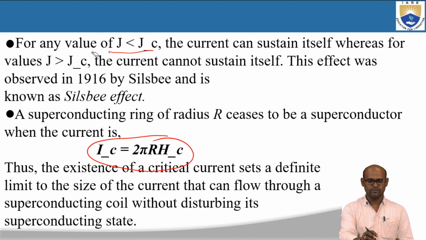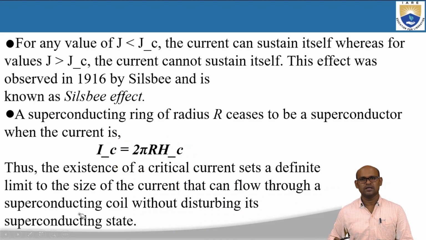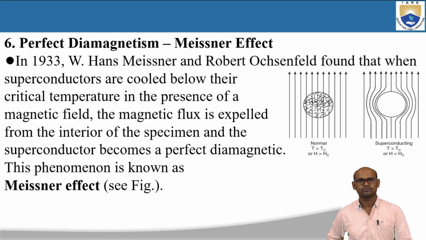When the current density is less than the critical density, the material is in the superconducting state, and when it is greater, the material goes to the normal state.